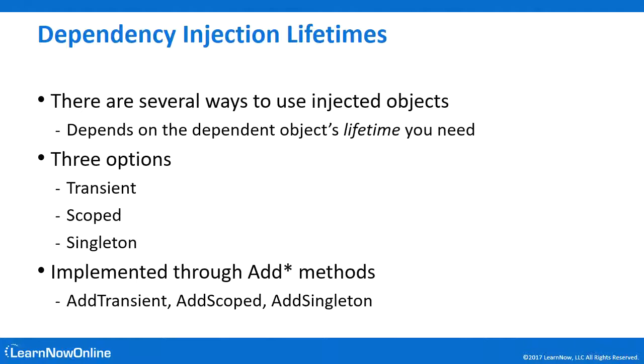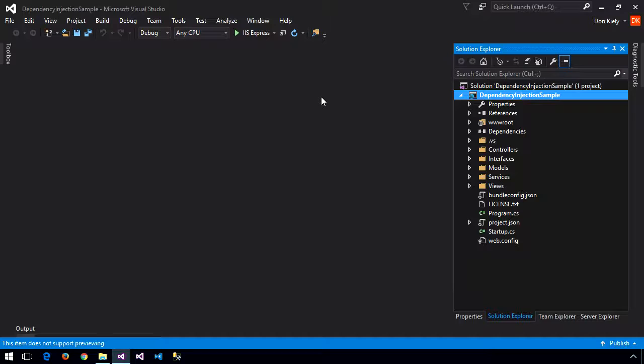Okay, so let's take a more in-depth look at how dependency injection works within ASP.NET Core. Here's a sample application that explores some of the features of dependency injection within .NET Core. This is a sample that I lightly adapted from a sample that Microsoft has made available.